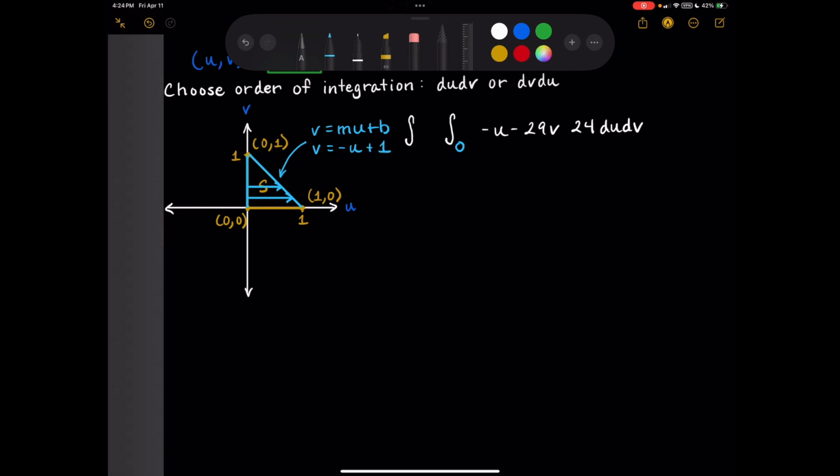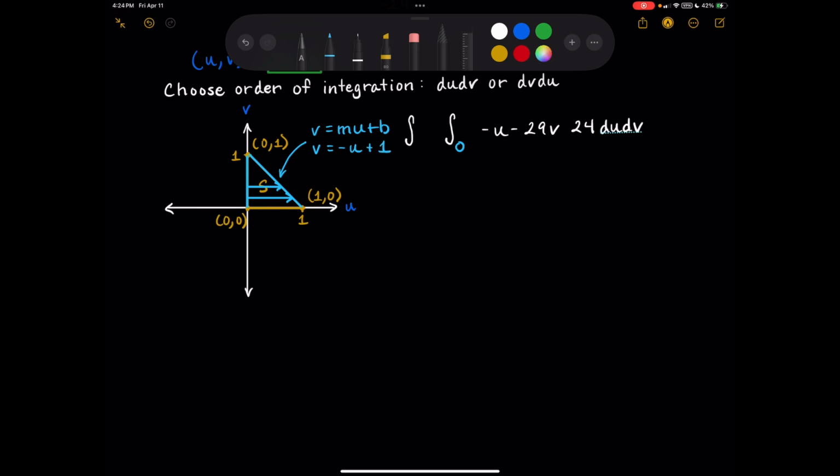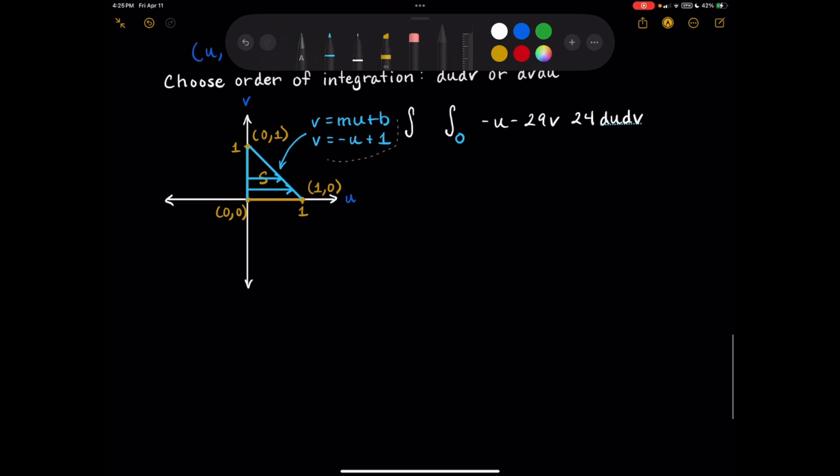So that's the equation of that line, and that's actually going to be what we use to write our upper bound of our integrals. So, but what we have to be careful of here is we want this for u, right, not for v. So let me move this up a little bit just to make it a little bit neater.